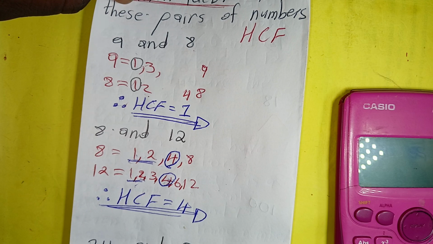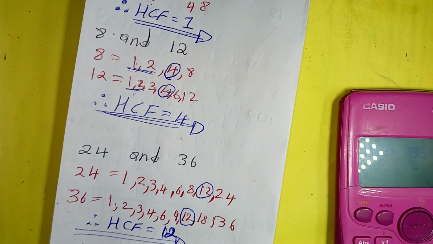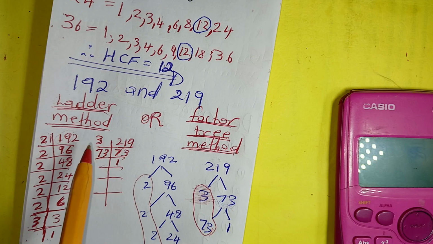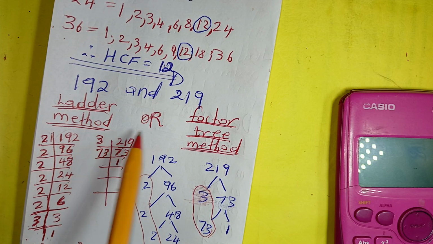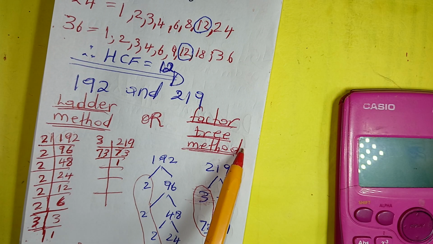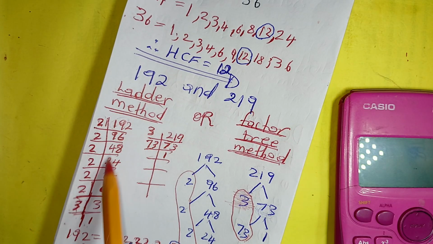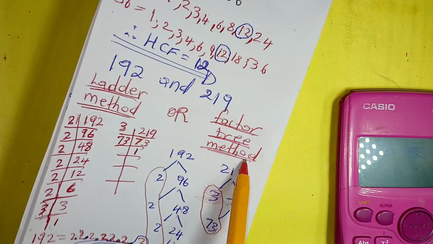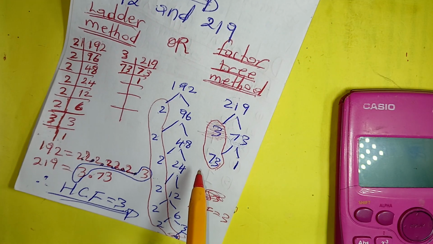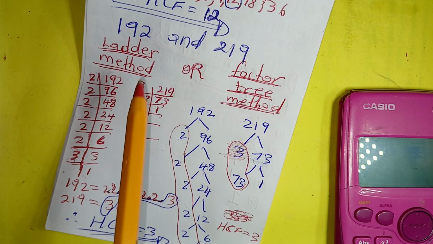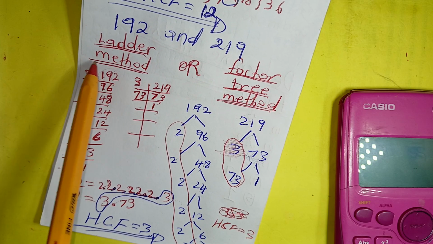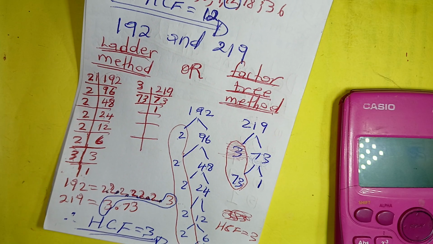In the next video you will see the way I use the ladder method and factor method. The one I like the most is this one, because the other one is kind of confusing, but at the end it's simple. But I like this one, the ladder method.